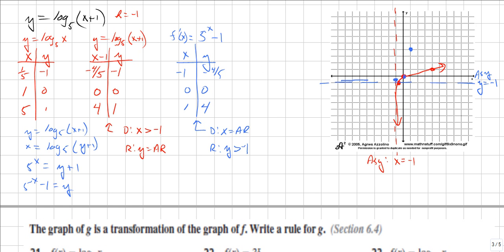So it'll come along the asymptote and swing up like exponentials do. And there's that graph.